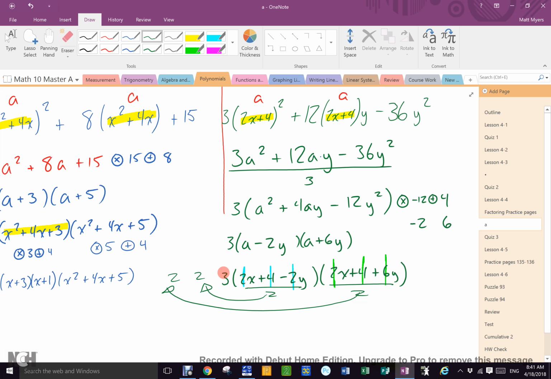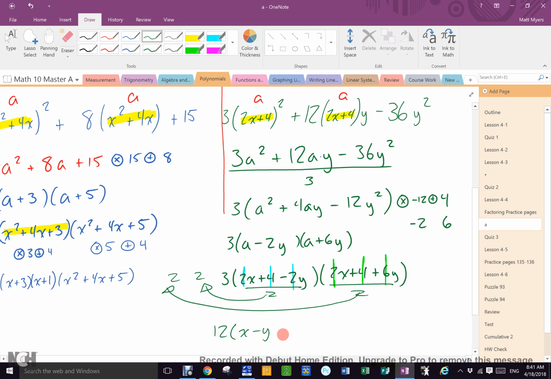What is 2 times 2? What is 4 times 3? 12. What is 2x divided by 2? X. What is 2y divided by 2? Y minus y. Remember, in a perfect world, we put the letters at the front, right?